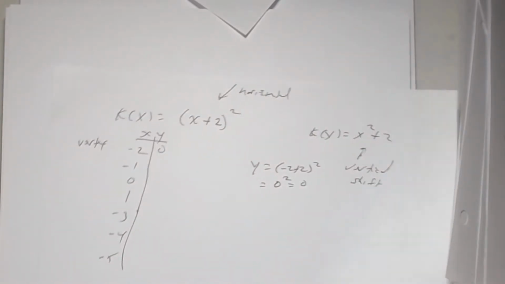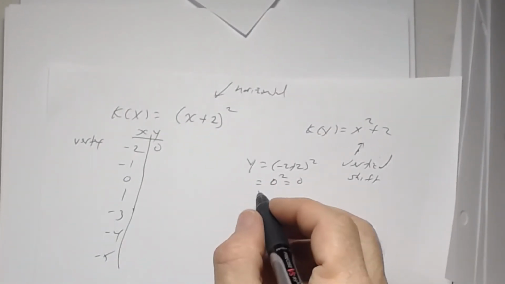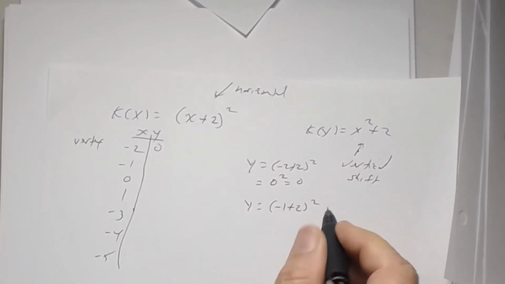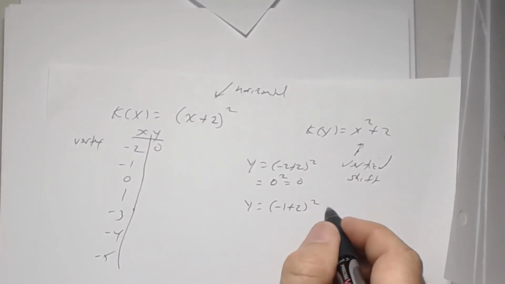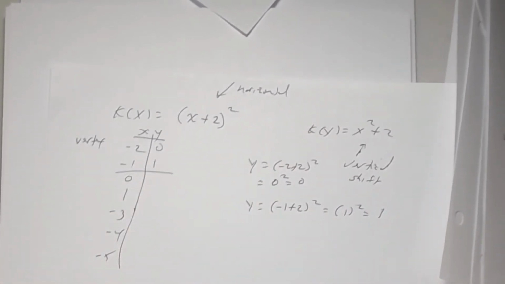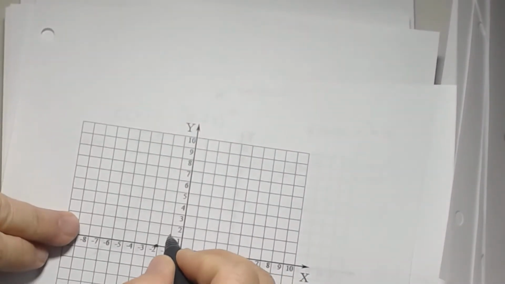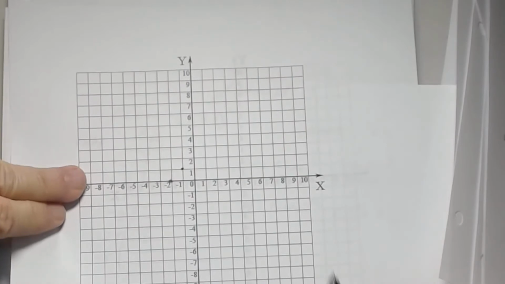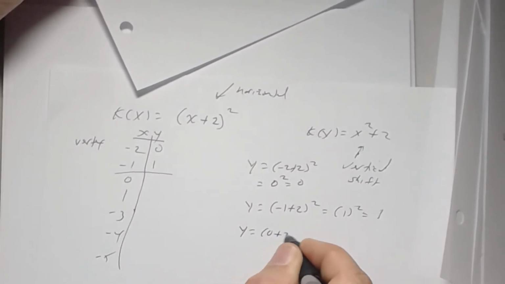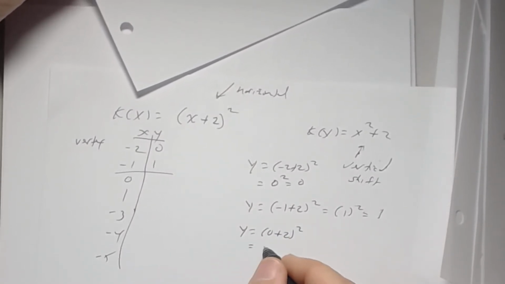Okay, so now let's go with this. When x is -1, I get y equals -1 plus 2 squared. What's -1 plus 2? And what's 1 squared? Agree? So I plot the point -1, 1. When x is 0, I get y equals 0 plus 2 squared. What's 0 plus 2? And what's 2 squared? 4.